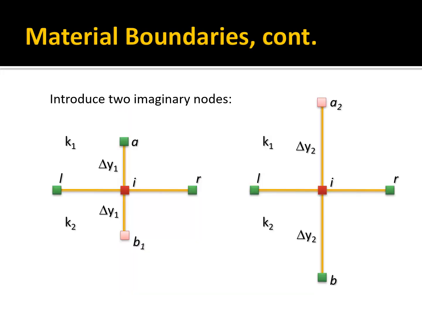What we do is we create two sets of imaginary nodes. What's shown on the left represents a recreation of this node from the perspective of material 1.